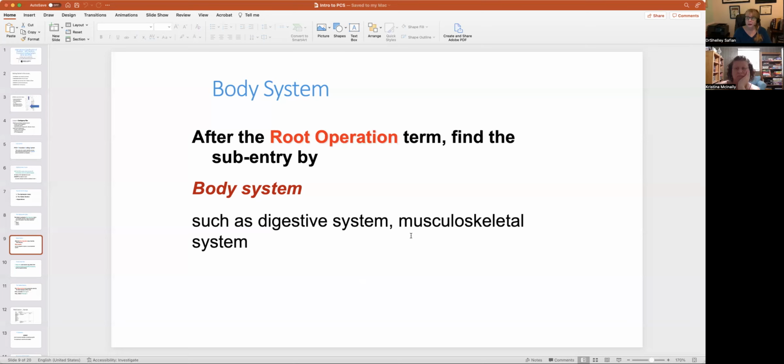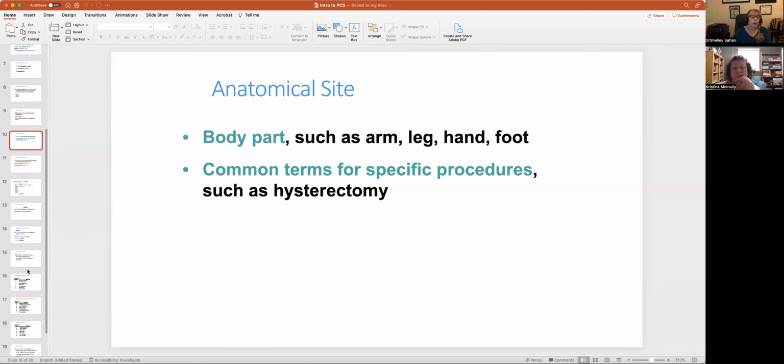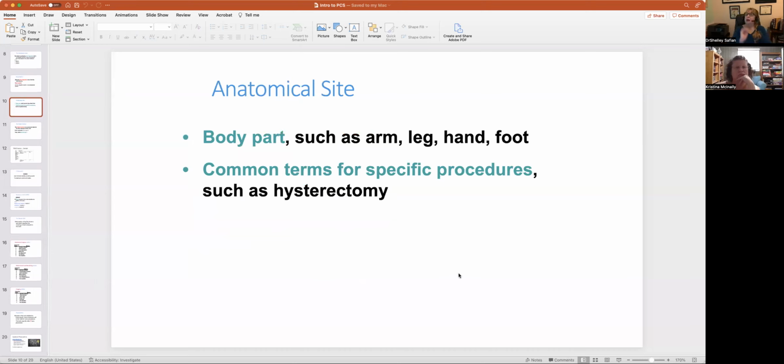If the large intestine is being treated, then the body system is the digestive system. You learned this in anatomy and physiology. You may have forgotten it, but pull out that textbook and review it, because you got to know.